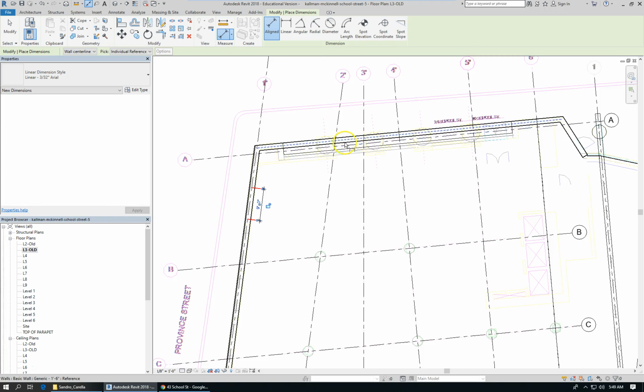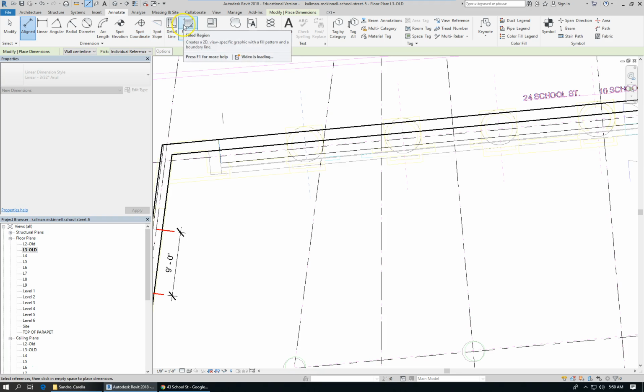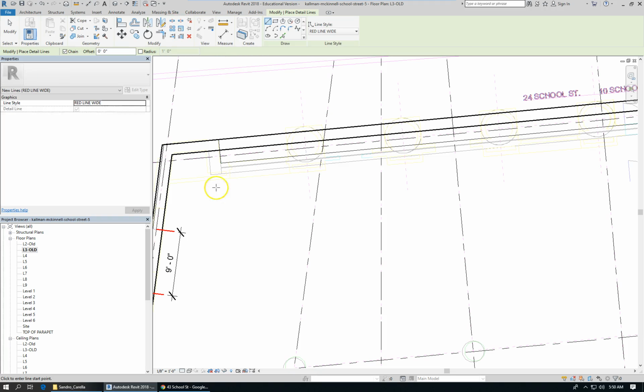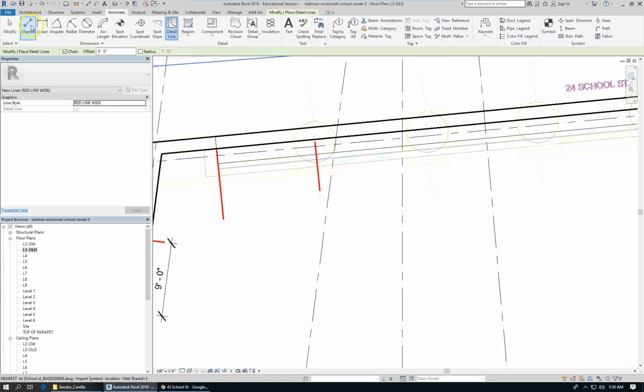Oh, and let's measure. Let's place a couple annotation lines across the detail lines at the front and measure there.